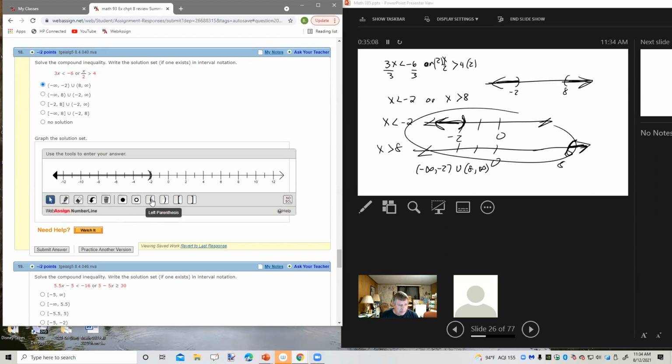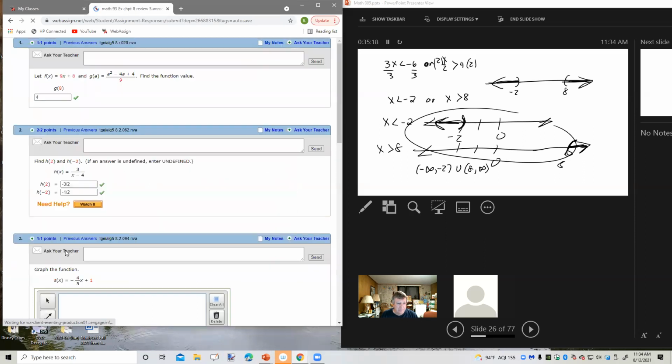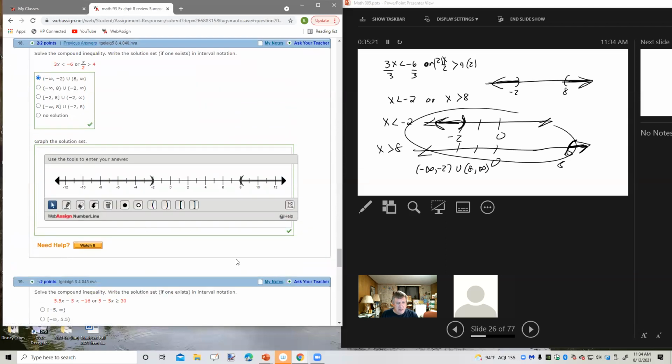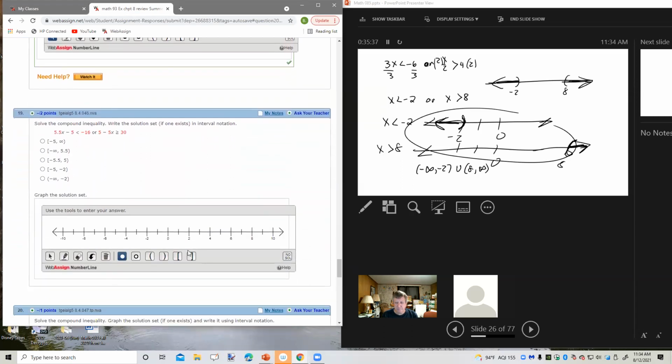And then left parentheses at 8 with an arrow going to the right. Okay. So that's kind of like Hawaii, the union of two islands, actually more than two, but it's geographically separated, but the union includes all of it. Okay. Remember that? All right, let's keep going here.